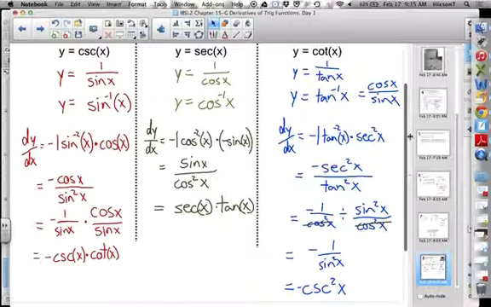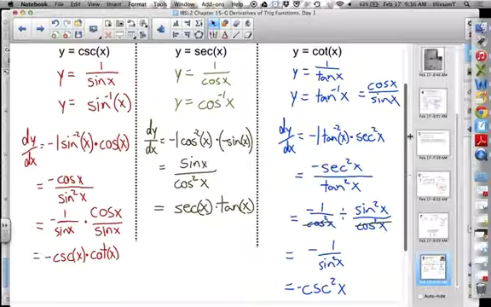Now again, you could have gotten that same answer had you done the quotient rule. In fact, in this case, the quotient rule might have been faster. Because you would have ended up with a cosine squared plus sine squared in the numerator. When you did your u prime v plus uv prime, actually you would have done a sine squared plus a cosine squared in the numerator, which would have been 1 over secant squared.